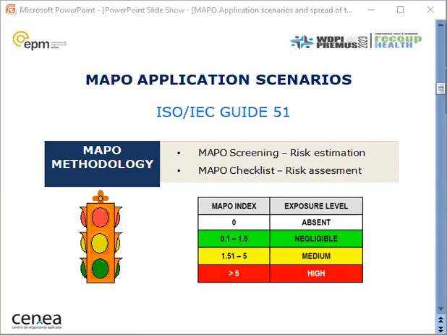With a risk index between 0.1 and 1.5, the exposure level is negligible. With a risk index between more than 1.5 and 5, the exposure level is medium. And finally, if the MAPO index is more than 5, the exposure level is high.